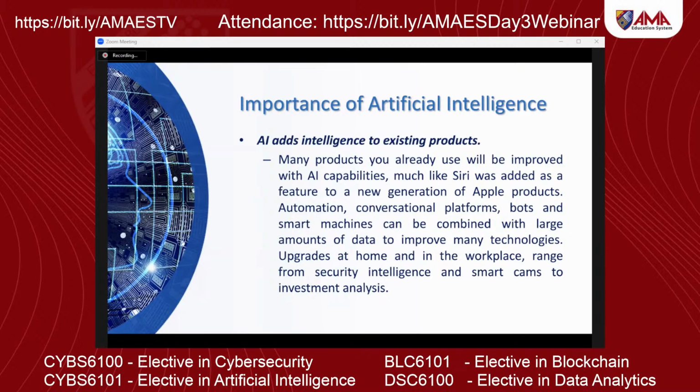Which helps in cleaning the living area or the house. And then we also have the digital assistants which we use on a daily basis. So those are what we call the features of artificial intelligence that can be added to existing products.